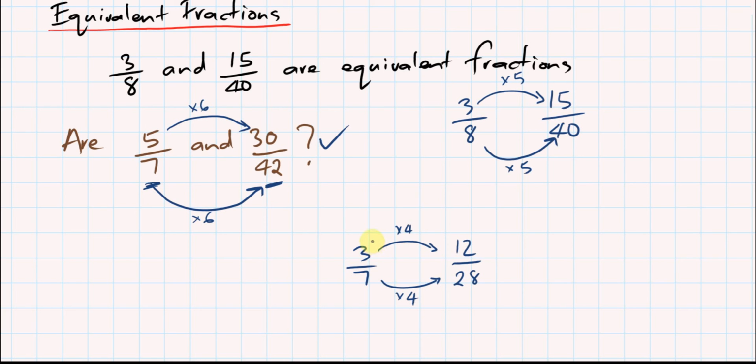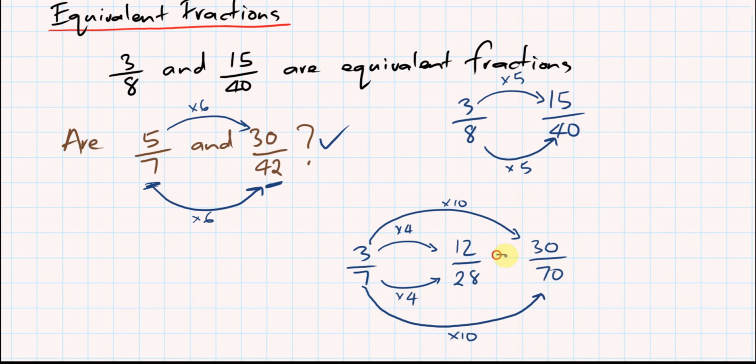I could multiply it by 10 and multiply that 7 in the denominator by 10, and I will also get another equivalent fraction. So that is how you can find equivalent fractions.